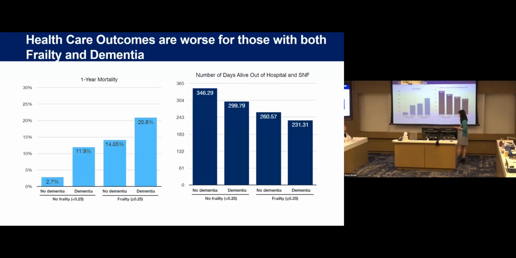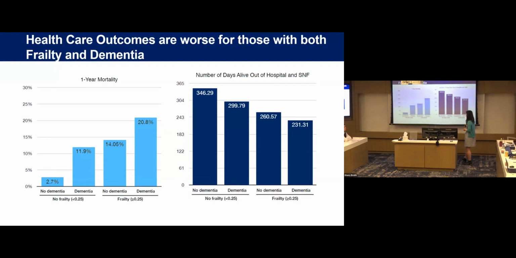Not surprisingly, for the really healthy population that has neither dementia nor frailty, one-year mortality is fairly low. For the category of folks that have dementia but no frailty, at least by our claims-based metric, mortality is closer to 12%. The overlap population has, not surprisingly, the highest one-year mortality rate.